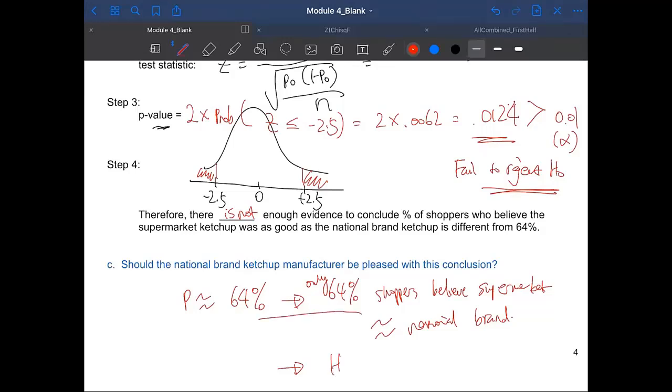So they should be happy, they should be pleased, because quite a lot of people, 36% of them, don't think so. If you argue the opposite, as long as your reasoning is right, it would be graded right as well.